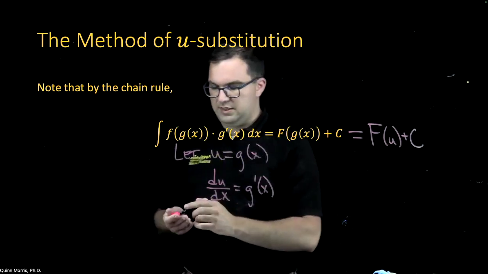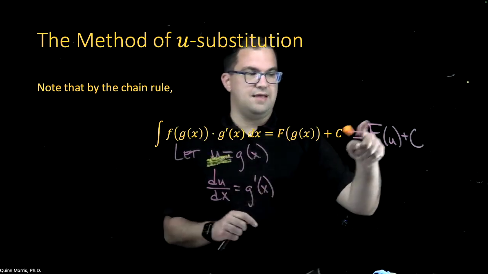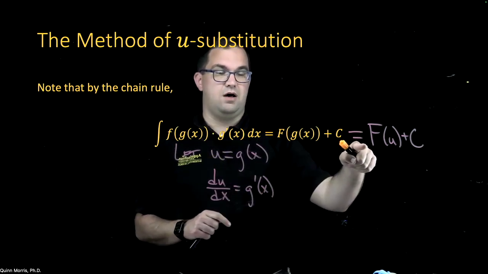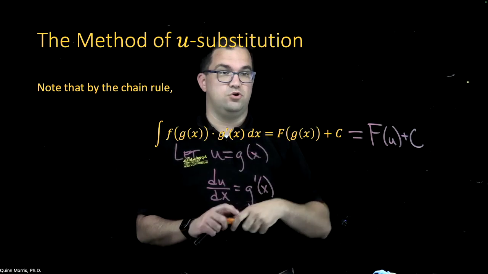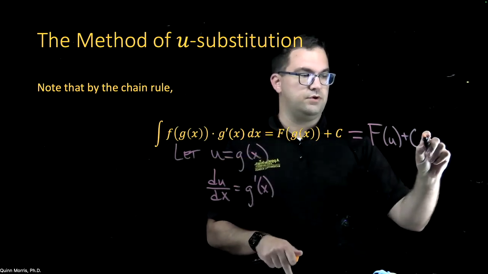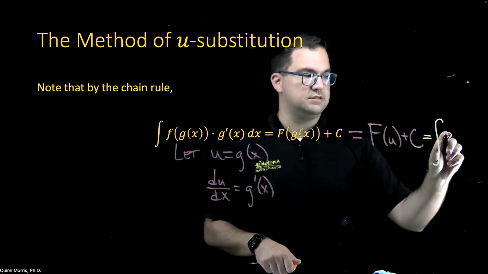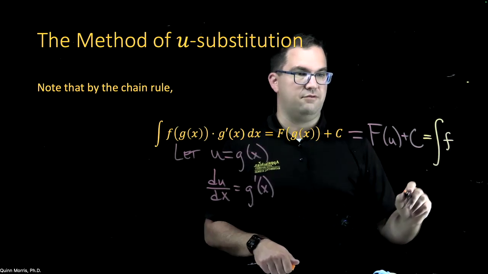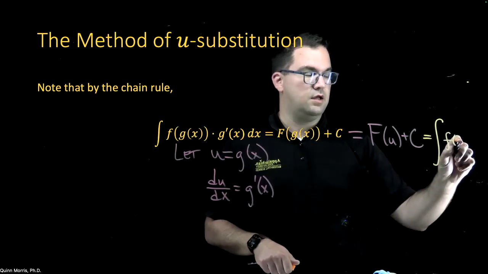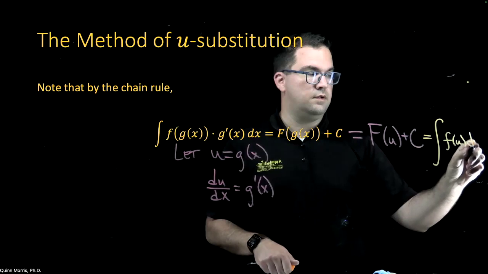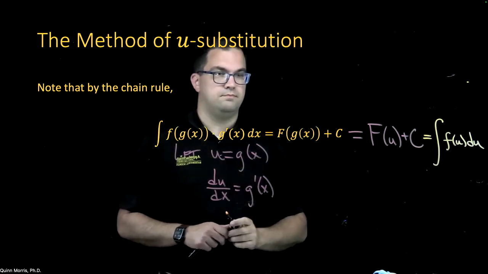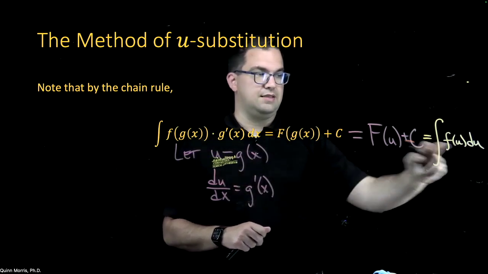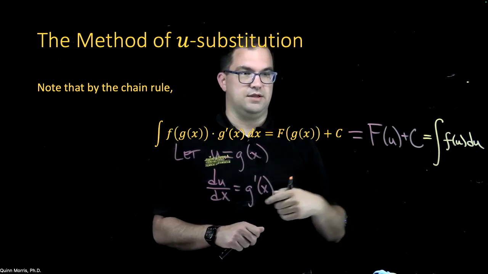And what is that? That's just the antiderivative of little f with u plugged into it. So I could also write this as the indefinite integral of little f of u du. This is just what you get when you take the antiderivative of little f and you plug in u.